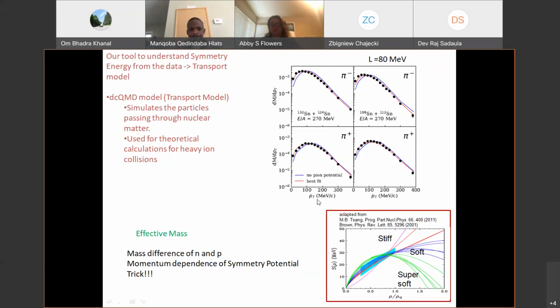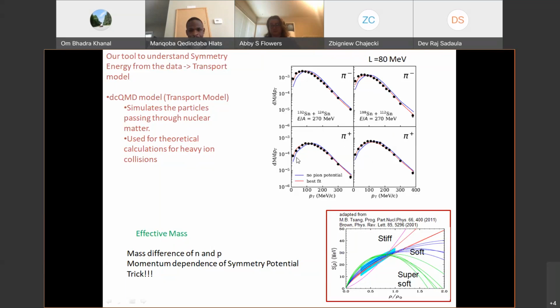for lower values of transverse momentum, this blue line underpredicts the data. You can see here, all of this blue line is falling below the data. And this underprediction is larger for pi plus as compared to pi minus.